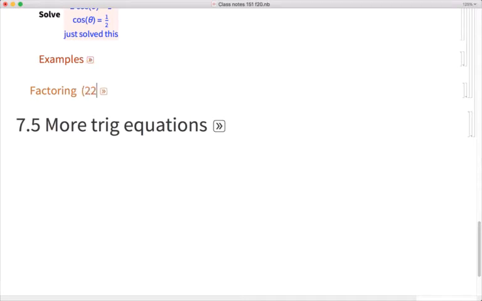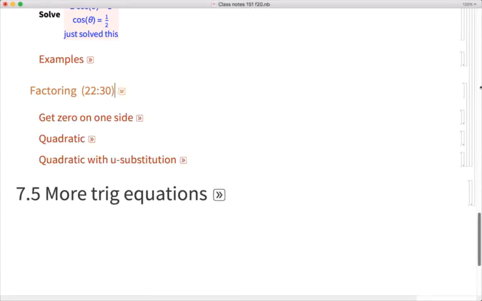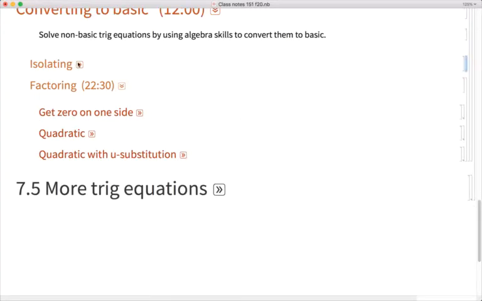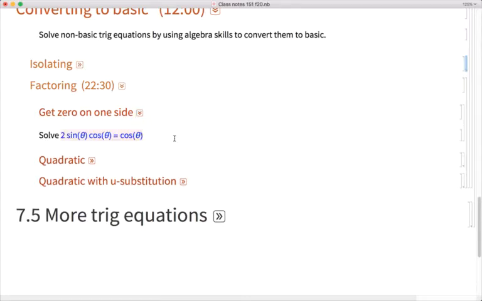So this first idea basically was we're trying to isolate the trig function that's in our equation, and the slightly more complicated situation is going to require factoring. Factoring is a skill that you learned in algebra, and we're going to bring it to bear here as well.